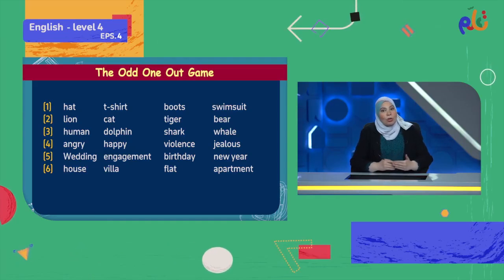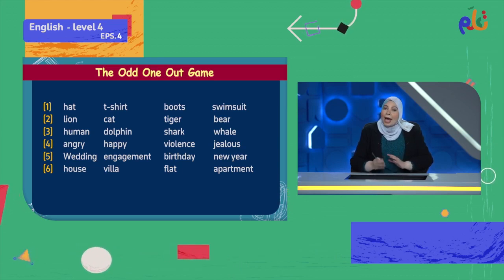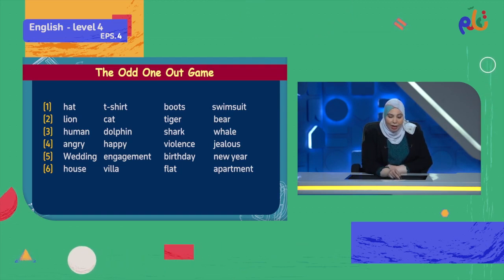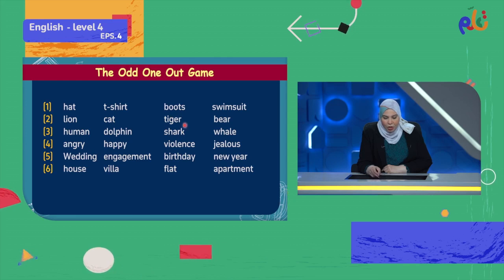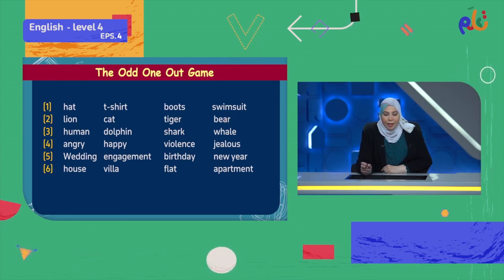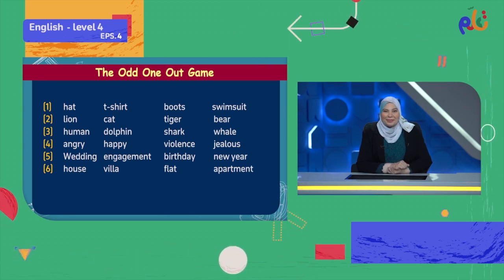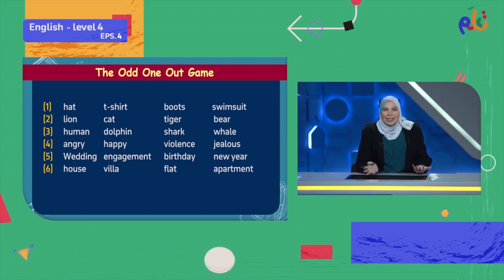Okay, let's now go to number 3, and let's think about the different one, and it might still have more than one answer. Here we have human, dolphin, shark, whale, and the different one would be, okay, it's obvious and it doesn't need thinking.